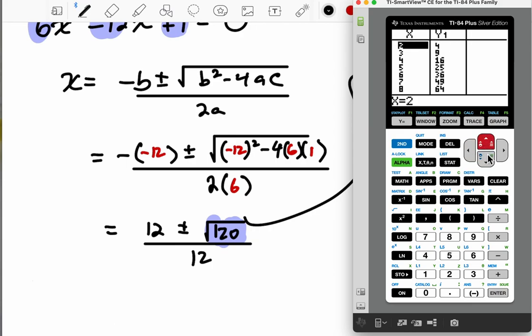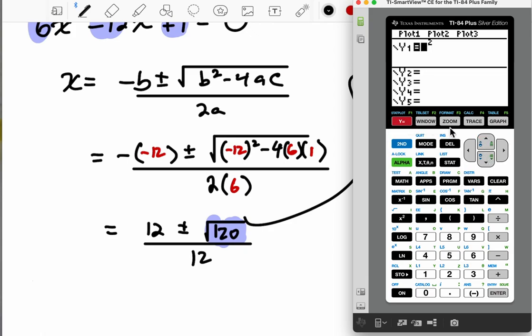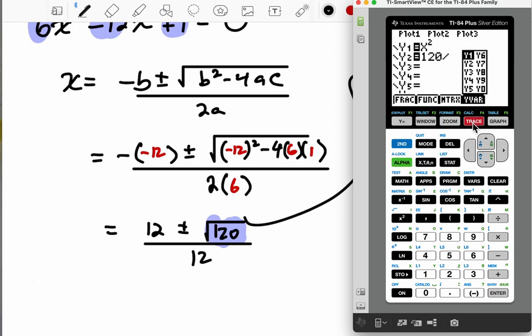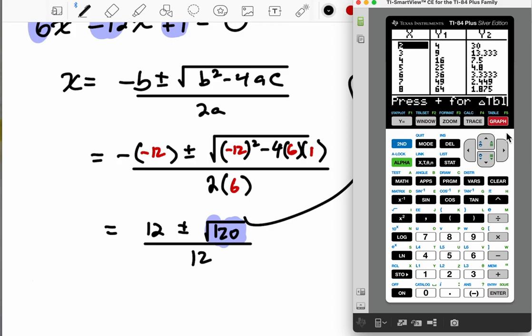Just as a refresher, if you lost this along the way, you can also type in 120 divided by y1, so alpha trace y1. That'll give you the result of dividing 120 by any of the values in the y1 column.